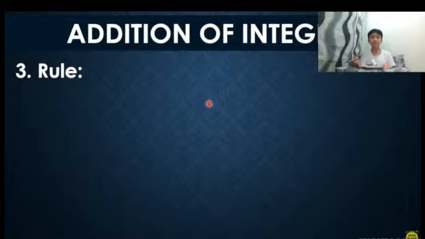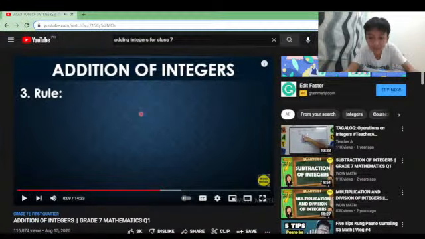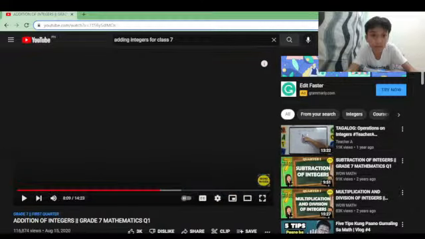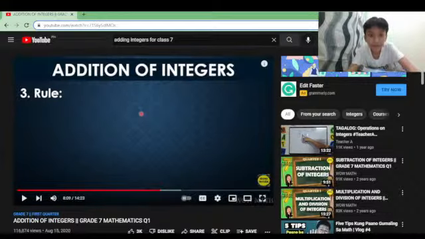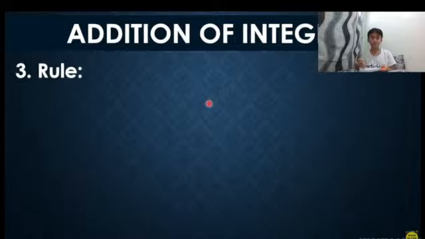Ang colored counters and number line, actually, ginagamit lang natin siya kapag ang value mo ay maliit pa.